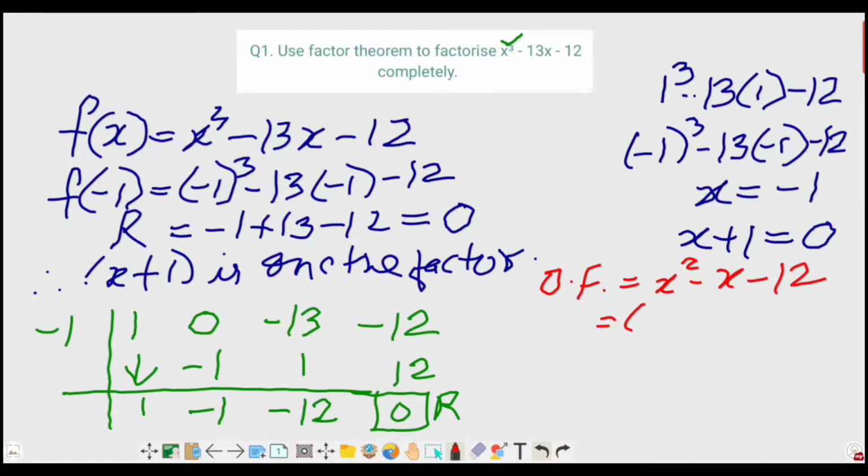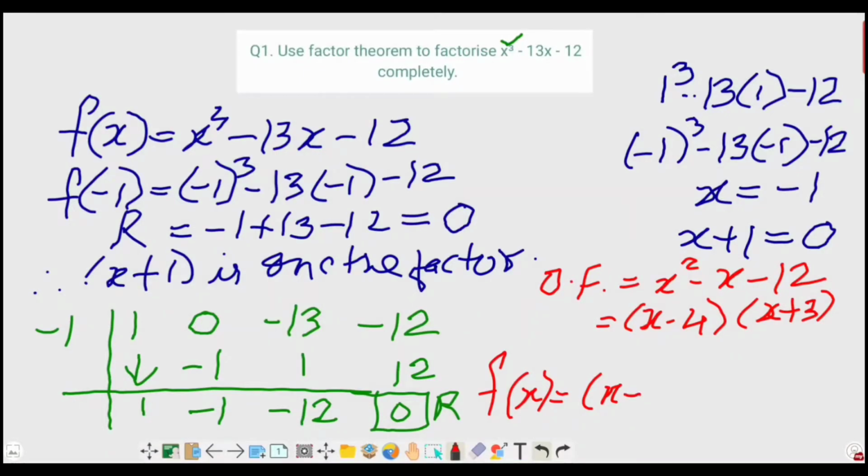When you factorize this, one factor is x minus 4 and the other will be x plus 3. So the answer, when you write your f of x, is the product of x plus 1, x minus 4 and x plus 3.